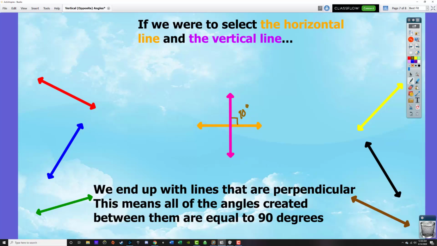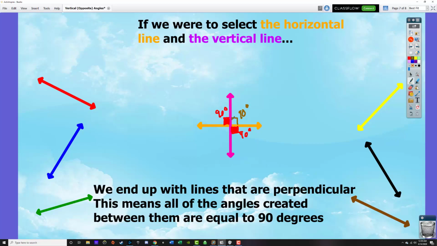That means that this angle right here is also 90 degrees. And following the rules of vertical angles, if this angle right here in red is equal to 90 degrees, that means that its vertical angle or opposite angle is also equal to 90 degrees.